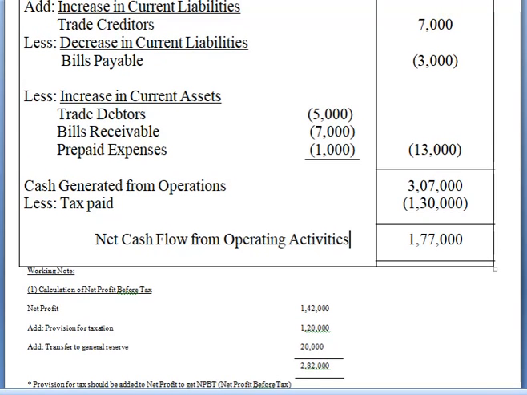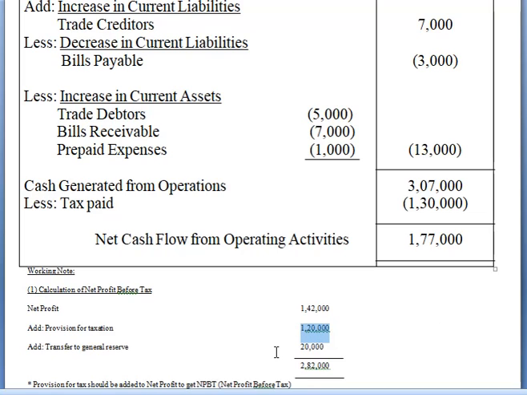Now you may ask me one particular question. There are two things given. One is provision for taxation and the other one is tax paid. How do we solve this? See, there are some tricks here in cash flow statement. There are many tricks and twists. If there is only one amount of provision for tax, you just add it when you calculate NPBT.